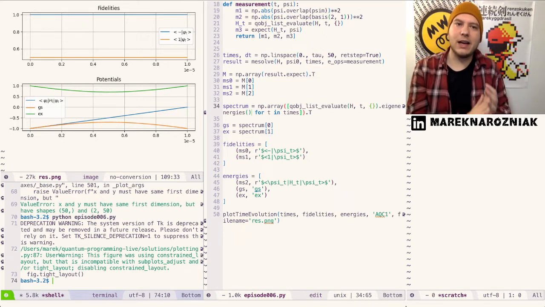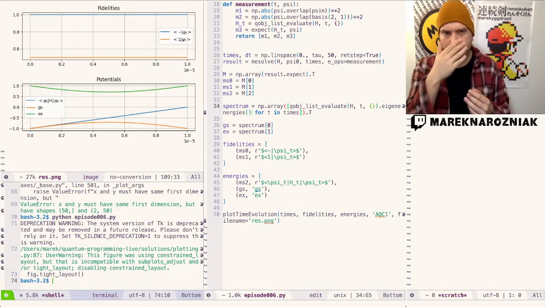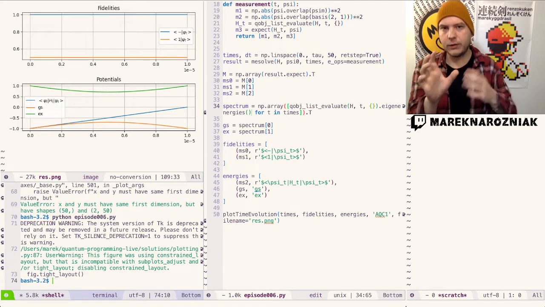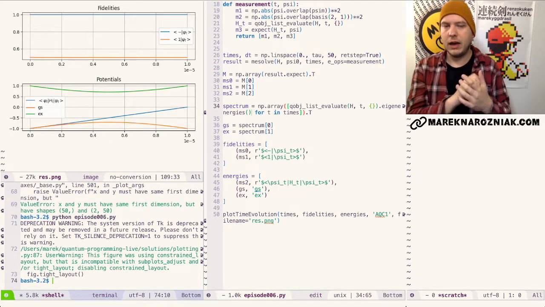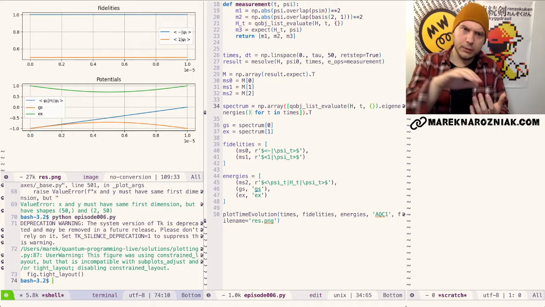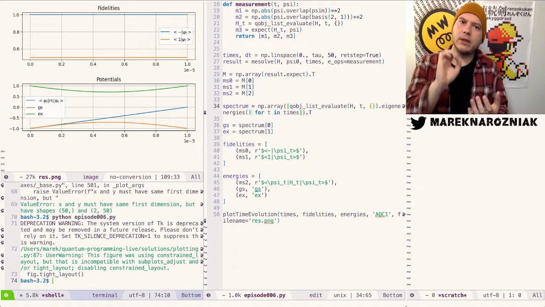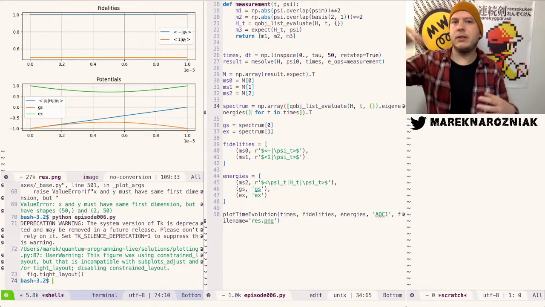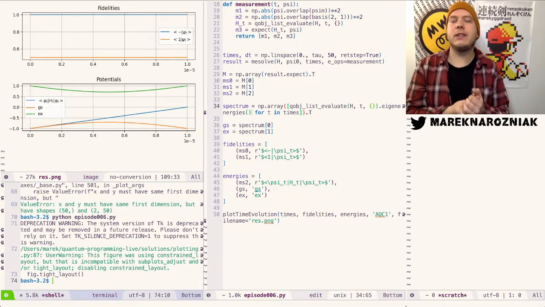At the beginning, the blue curve and the orange curve sort of overlap. So at the beginning we go slowly enough to remain on the ground state, or at least very close. But at some point we are going way too fast and they diverge, and we end up in a different state than the ground state of the final Hamiltonian.